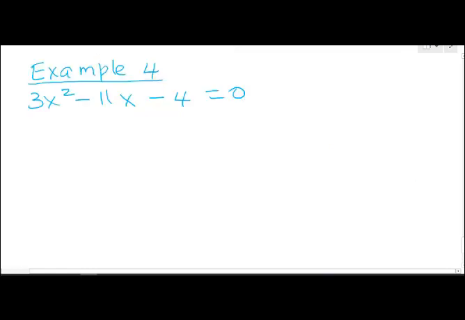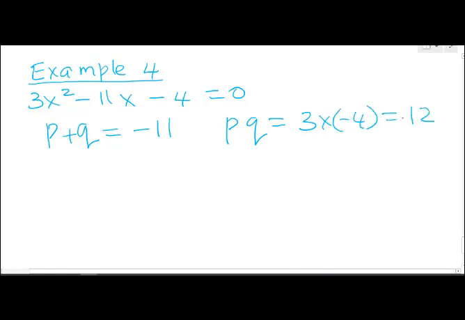Our fourth example of the lesson is 3x squared minus 11x minus 4 is equal to 0. We shall first of all factorize the expression on the left hand side, and in this case we require again two values, p and q, such that when p is added to q, we get minus 11, and p when multiplied by q, we get 3 multiplied by minus 4, and that gives me minus 12.